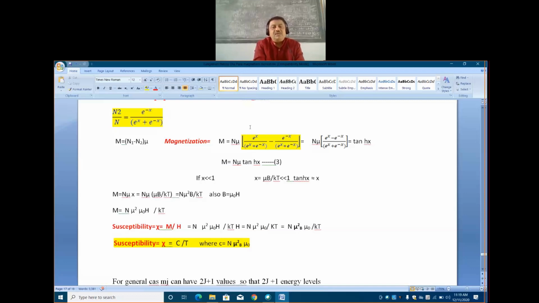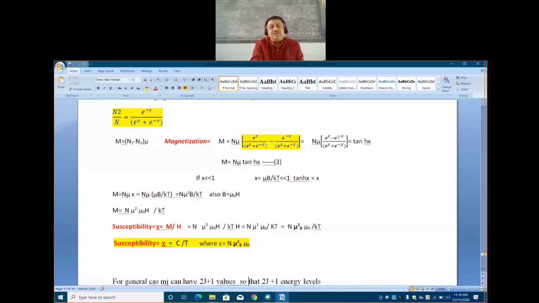On simplification, N mu into e raised to x minus e raised to minus x divided by e raised to x plus e raised to minus x. Then we all know that e raised to x minus e raised to minus x divided by 2 is sine hyperbolic x, and e raised to x plus e raised to minus x divided by 2 is cos hyperbolic x.